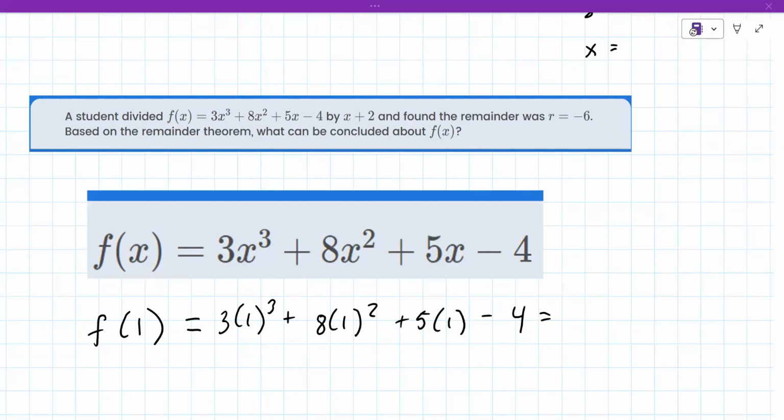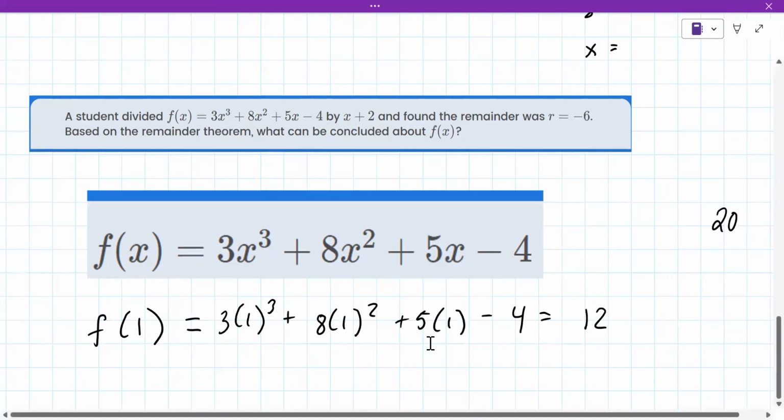I keep getting 12. Okay, 12 is correct. Last time I heard 20, which is not the same as 12, so yes, this is correct.